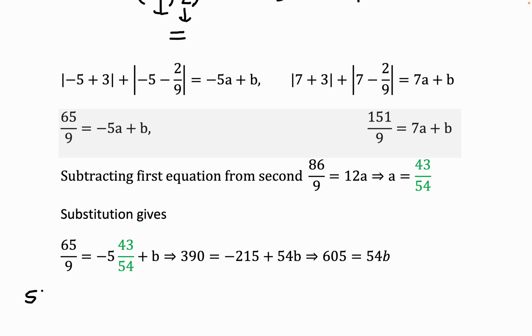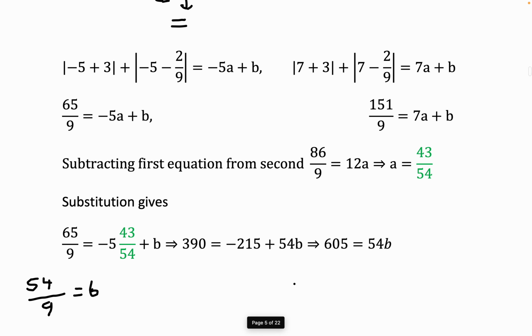That was a fortuitous occurrence, but it made the arithmetic a little bit easier, because if you multiply all the way through by 54, 54 over 9 is 6. 6 times 65 is the 390 that you see right here. So no calculator required, but you have to pay the price of multiplying b by 54.